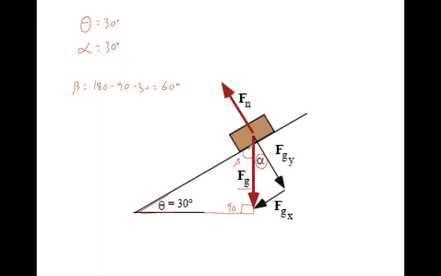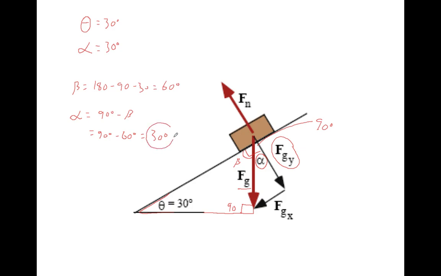And if you look at this angle here, the angle between Fgy and the surface of the incline is 90 degrees. And so if we calculate alpha, alpha is just equal to 90 degrees minus beta, which equals 90 degrees minus 60 degrees, which equals 30 degrees.